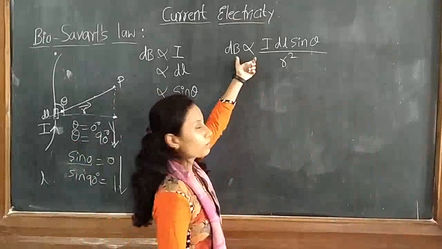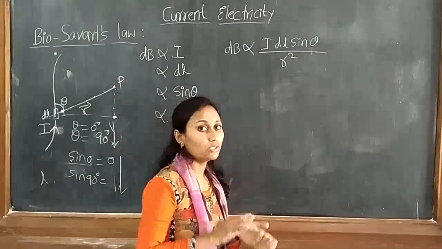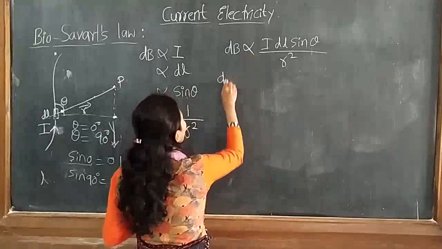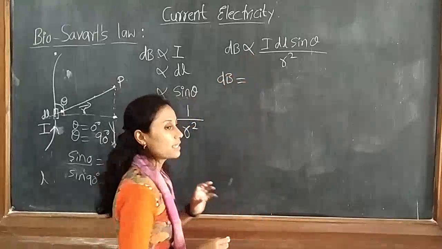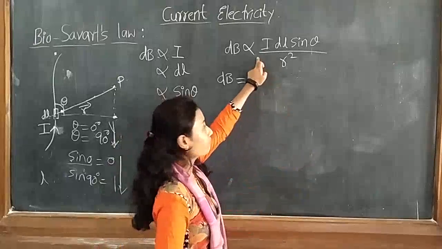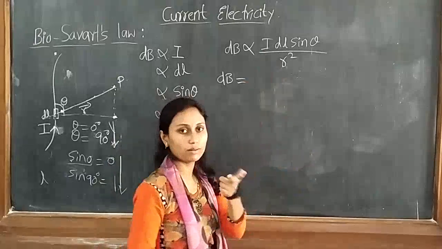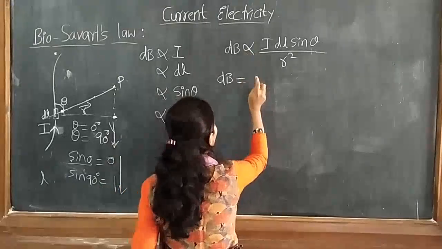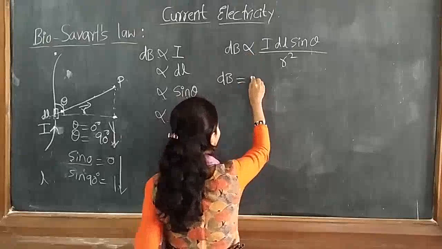Now as it is a proportionality, we should replace it with an equality. So when we are replacing this with equal, some constant quantity will be the multiplication factor here. When we change the proportionality, some proportionality constant will come.